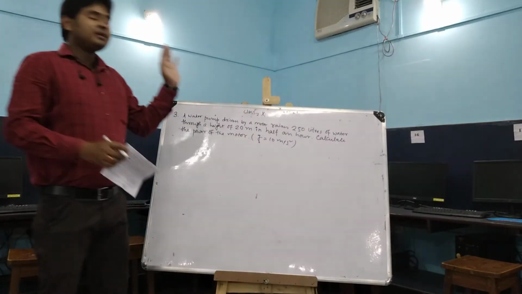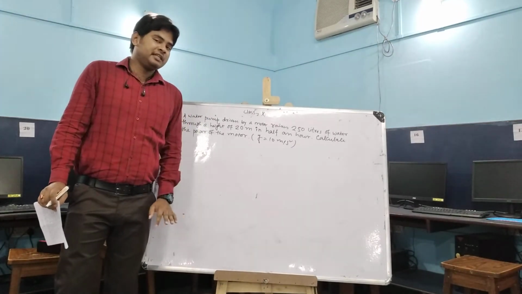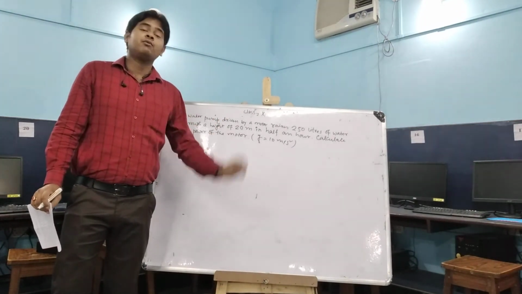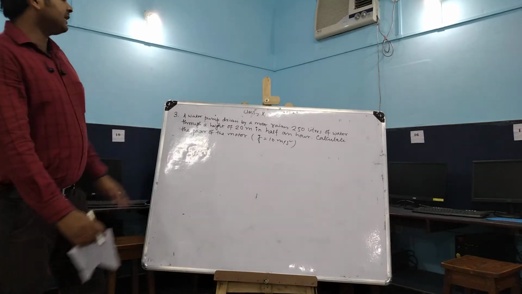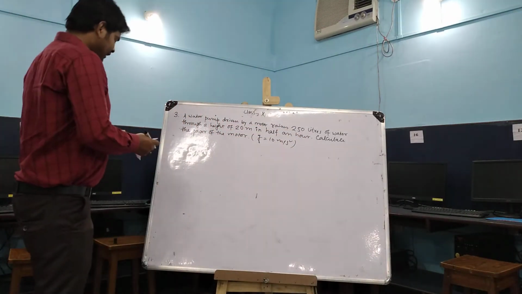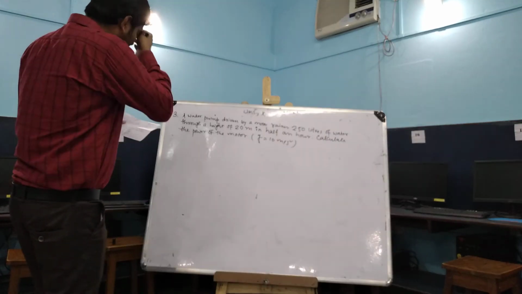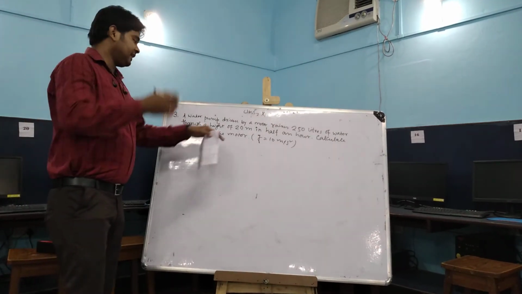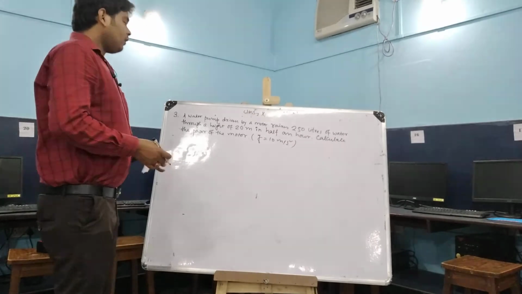At first, we know that power is defined as work per unit time. So we have to calculate the work first, and the time is given as half an hour, that is 30 minutes. At first we have to calculate the mass of the water to be raised. Now what is the volume?